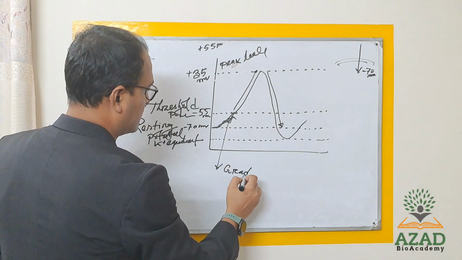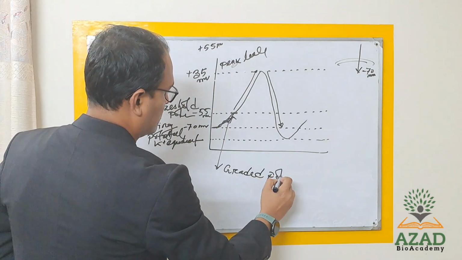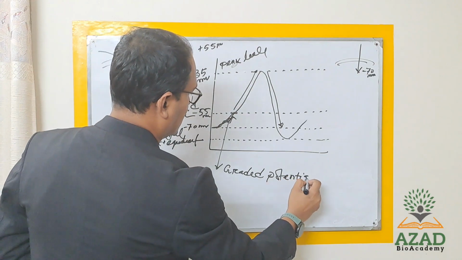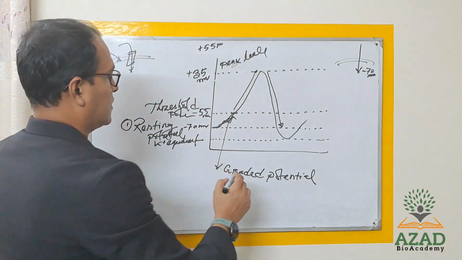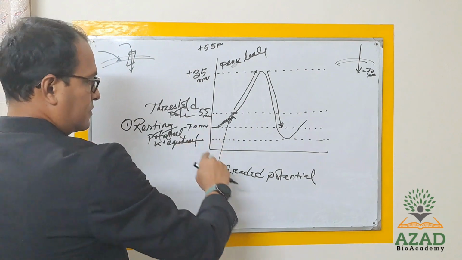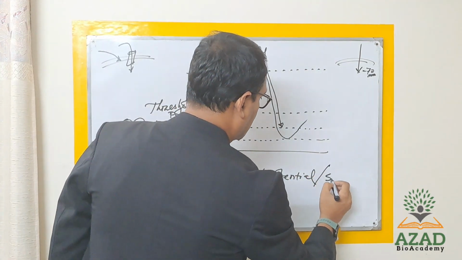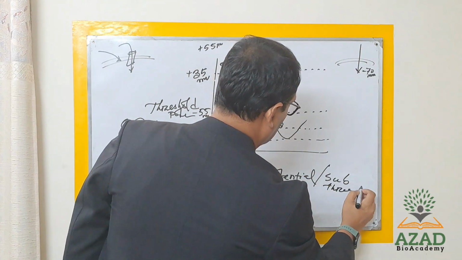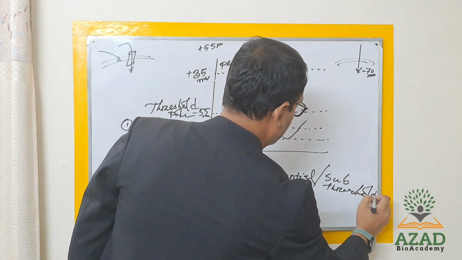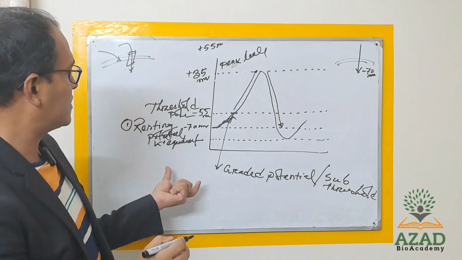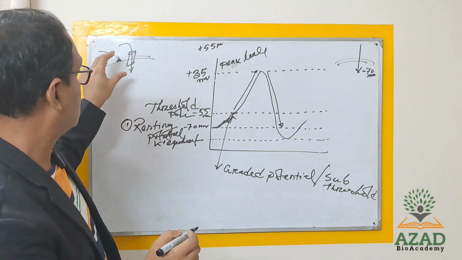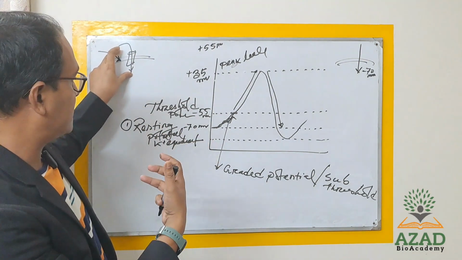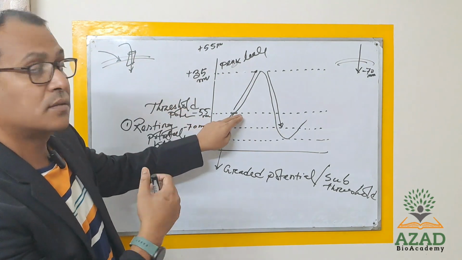You can say these are graded potentials, or basically sub-threshold potentials, because the stimulus is somewhat too small to reach the threshold.